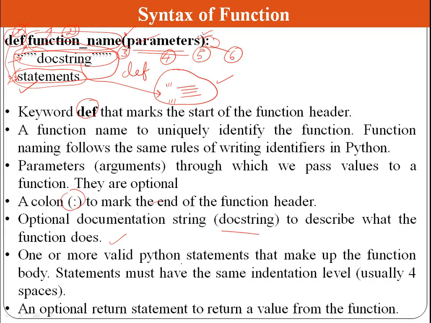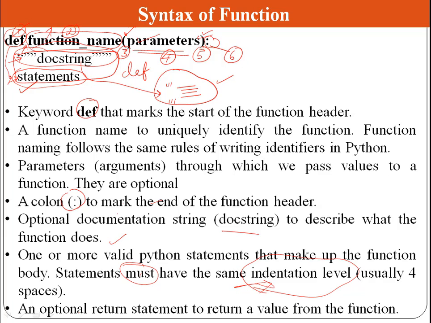We have already discussed indentation in the very initial lectures of Python as well. Indentation is very important and a must. I'm not saying it is advisable, it is a must. You cannot ignore it. You need to mention it. Then we have an optional return statement to return a value from the function.